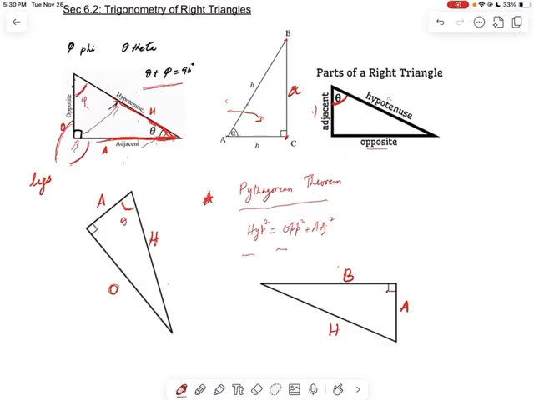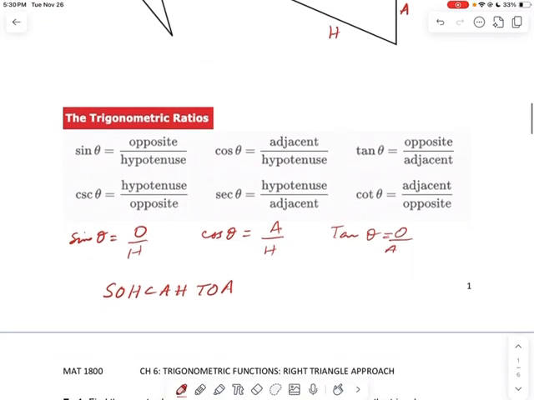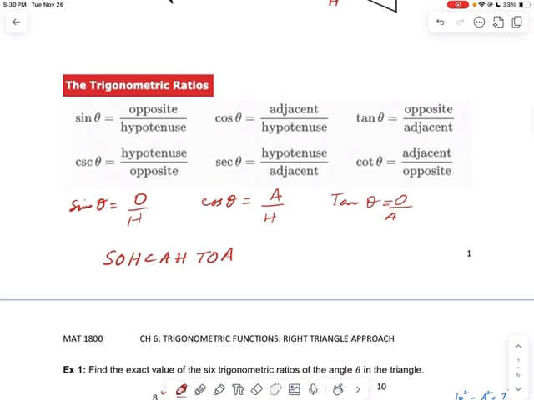Now if we have another angle over here, and we call it phi, then theta plus phi is equal to 90 degrees. Also the side opposite to phi will be the side which is adjacent to theta, and the side which was opposite to theta becomes the adjacent side for phi.